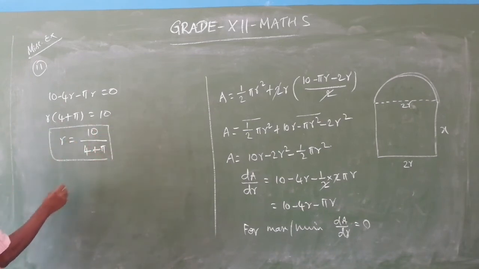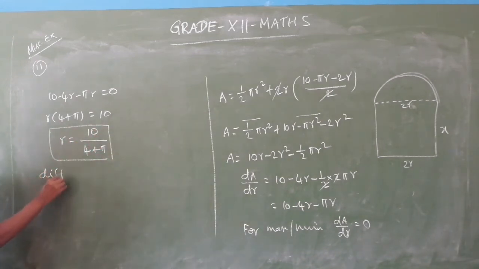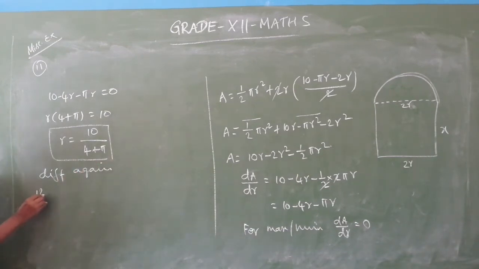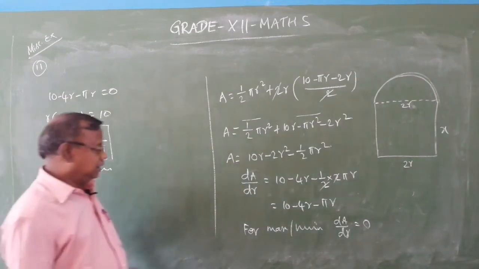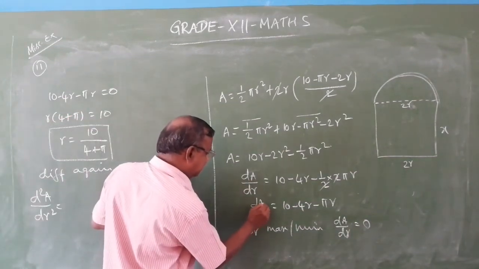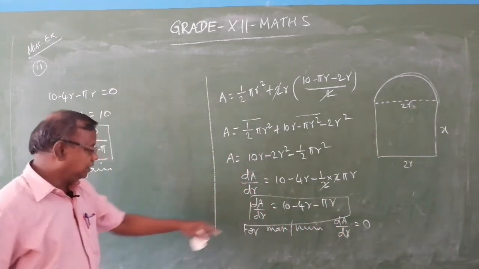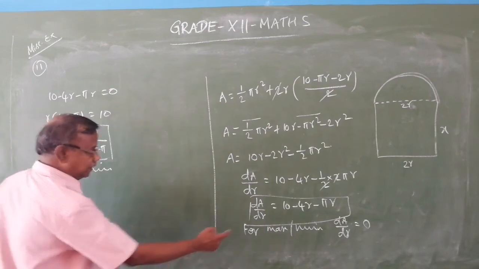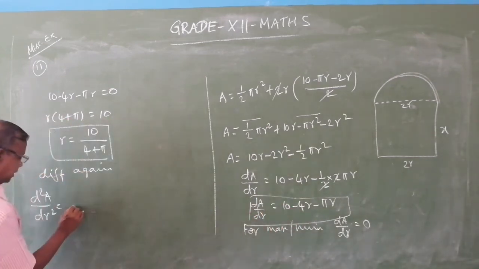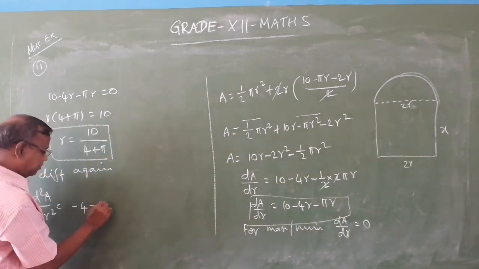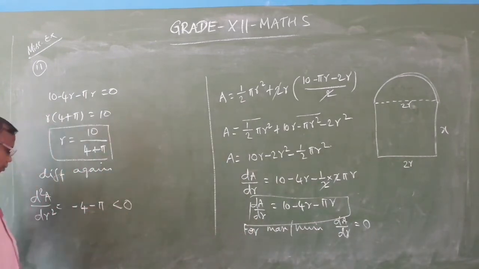Now we have to differentiate again. Differentiating again, we have d square A by dr square, so this is the dA by dr here, and we have to differentiate this function. So 10 is a constant. Differentiating with respect to r, this is minus 4 and here it is minus pi, which is less than 0.